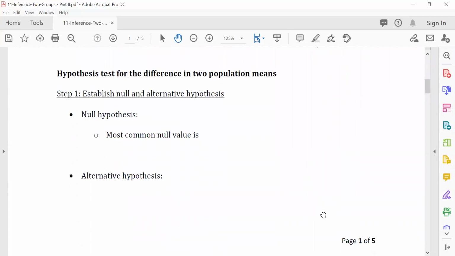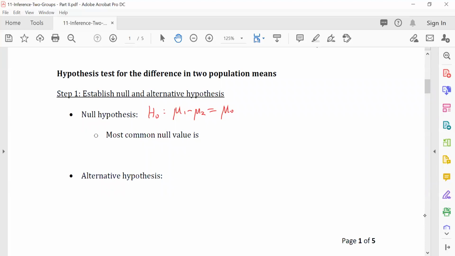Now let's see how we could do the hypothesis test. The first step, establish the null and alternative hypotheses. Again, the null hypothesis is always going to be the thing with the equal sign.